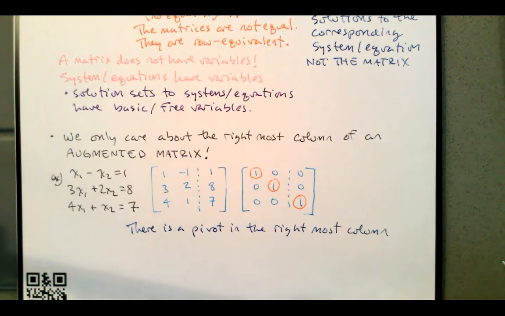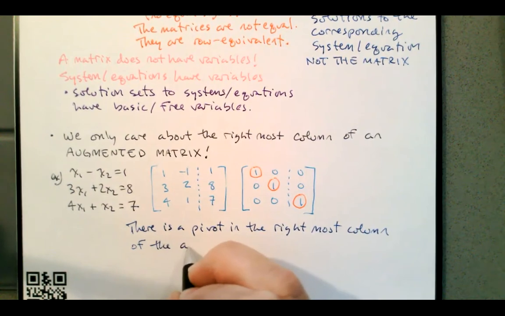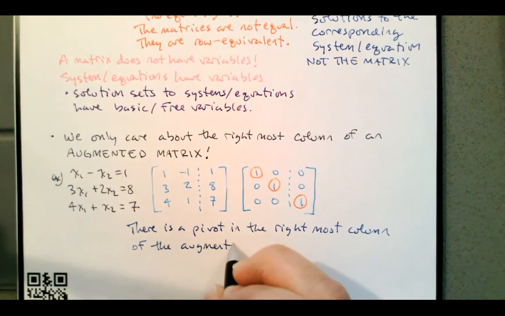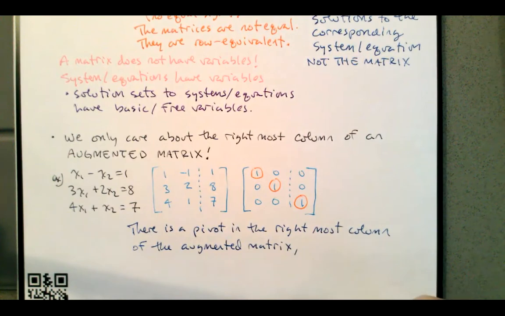We can't just say there's a pivot in the rightmost column. Because we're all new at this, you have to tell me that you understand that the rightmost column is what we only care about in an augmented matrix. So you have to write, there's a pivot in the rightmost column of the augmented matrix. Therefore, the corresponding linear system is inconsistent.